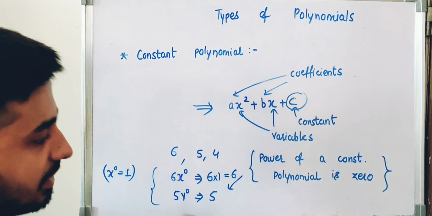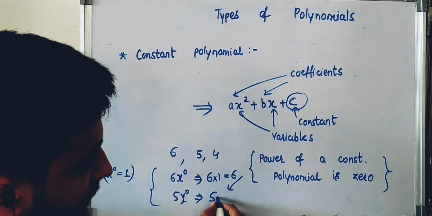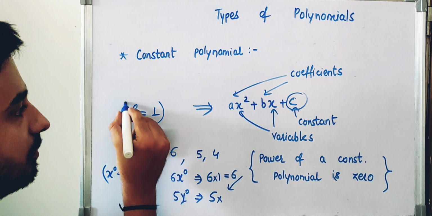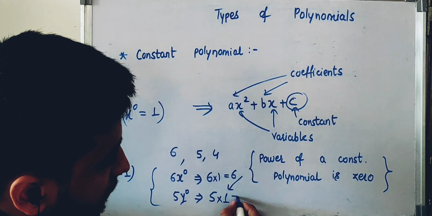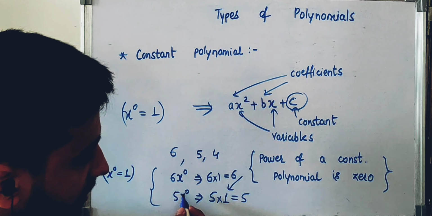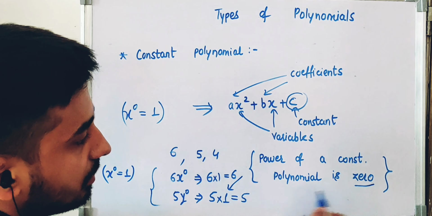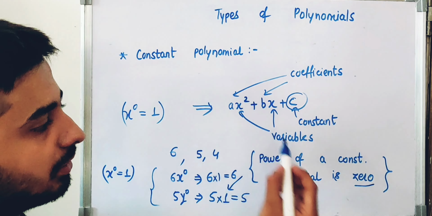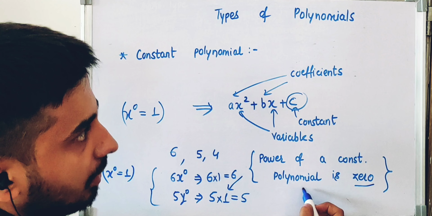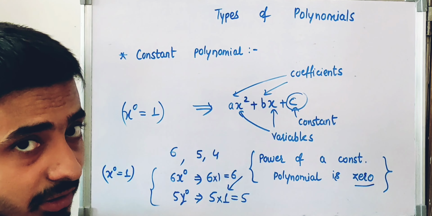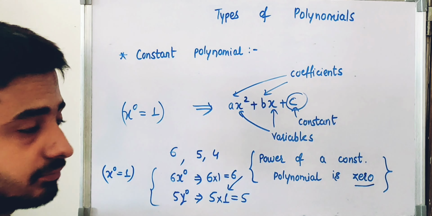So 6 into 1 is 6. 5 into y to the power 0: if a variable has power 0, the value is always 1. Y to the power 0 is 1, so it will become 5. So the power of a variable here is 0, and the power of a constant polynomial is 0. Clear to all? Okay.